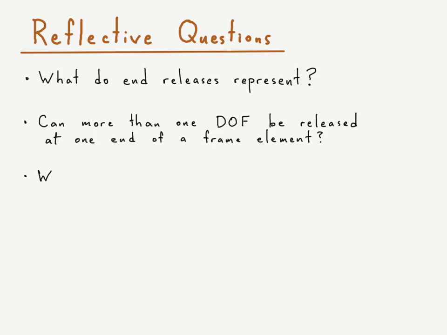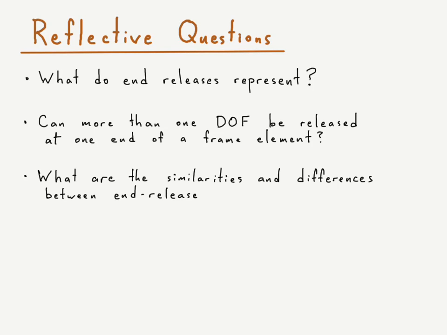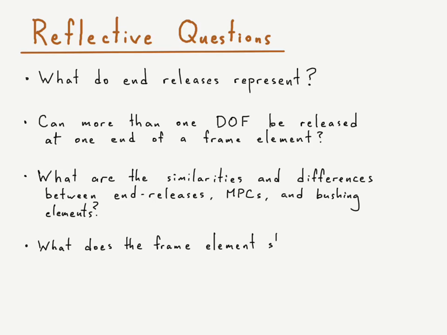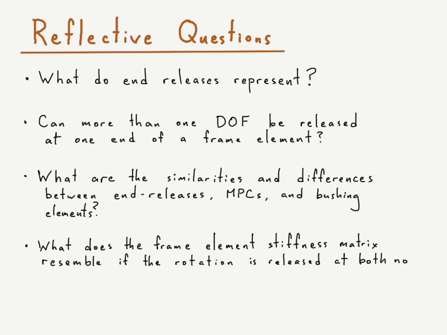The next one is, what are the similarities and differences between the different types of joint methods we covered earlier? So that would be end releases, multi-point constraints, and bushing elements. And then we have, what does the frame element stiffness matrix resemble if the rotation is released at both nodes?